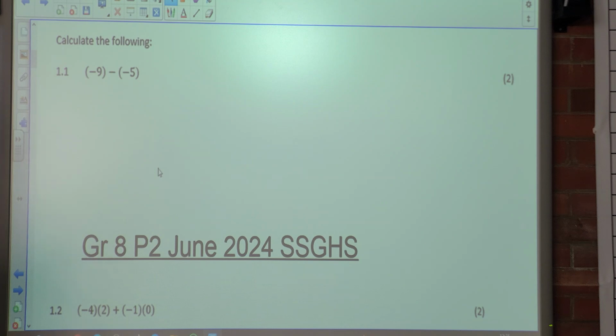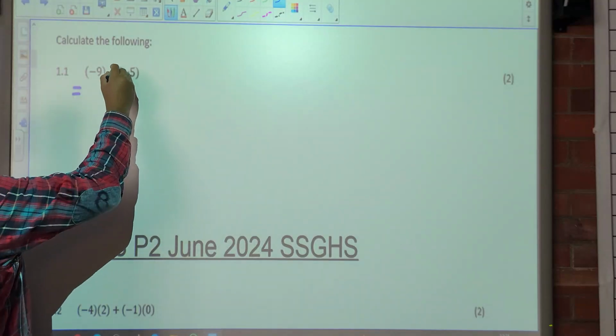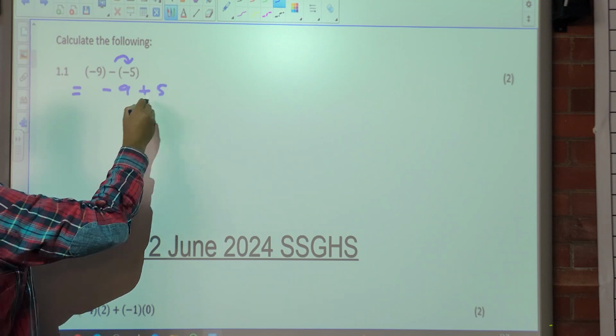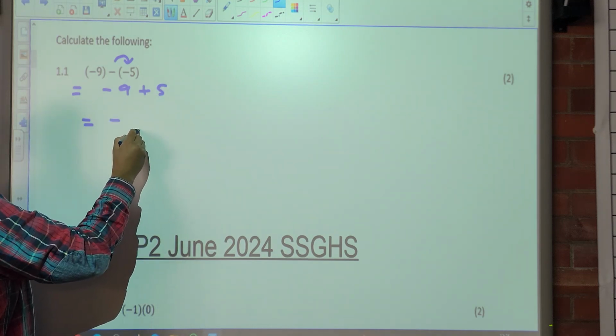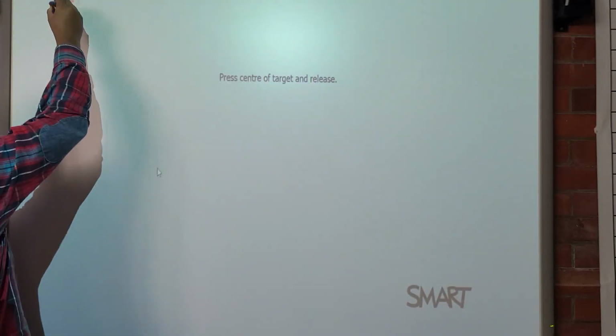Okay. Before question 1.1. Question says simplify or calculate the following. So what's negative times negative? Positive. So it's negative 9 plus 5. What's negative 9 plus 5? Negative 4. Do you all agree with that?